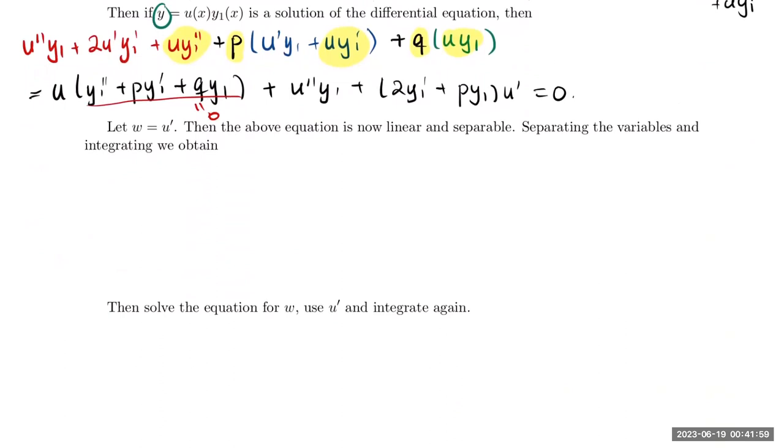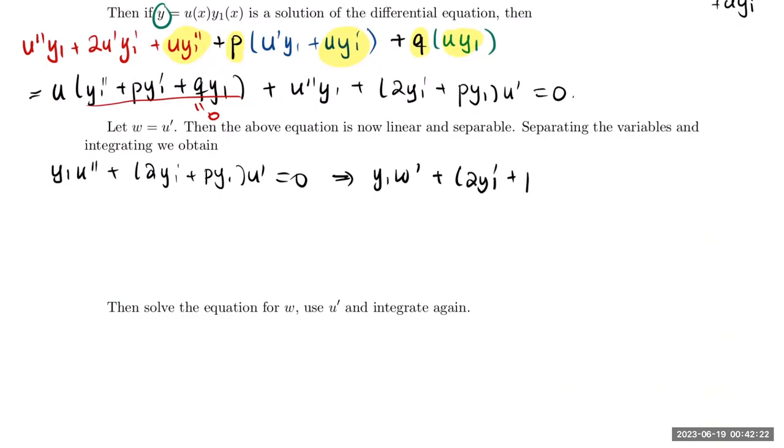If we rewrite this as y1 u double prime plus 2y1 prime plus py1 u prime equal to 0, then substituting this in, what we have is y1 w prime plus 2y1 prime plus py1 w equal to 0.